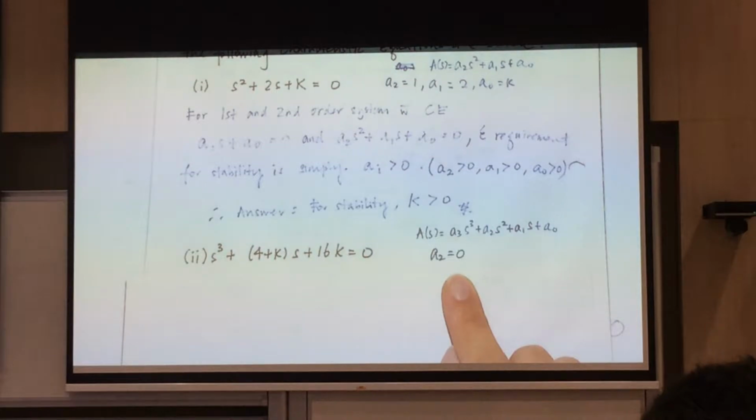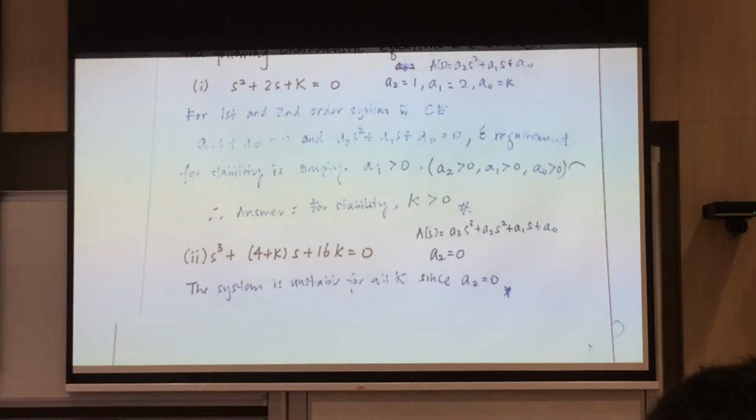Is it positive? The definition of positive is that it must be greater than 0, so no. The answer is that the system is unstable for all K since a2 is 0. That's all. This is a tricky one. Next, we move on.